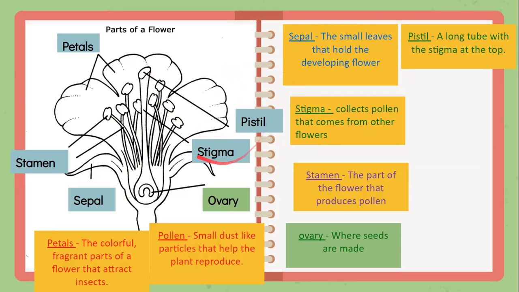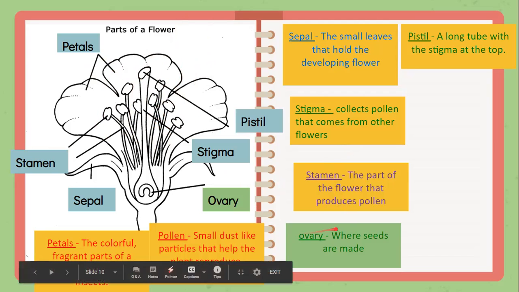The stigma collects pollen from other flowers. The stamen is the part of the flower that produces pollen. The ovary is where the seeds are made.